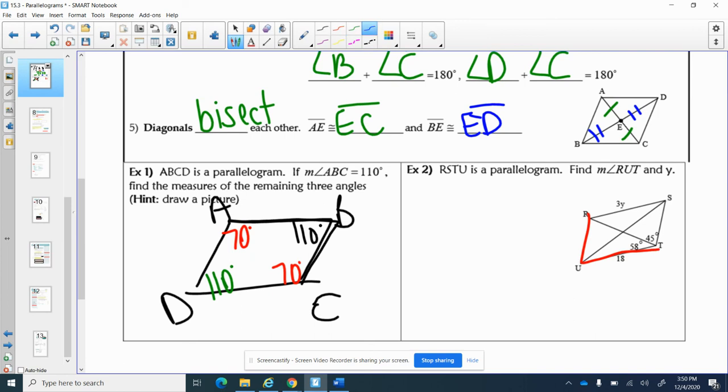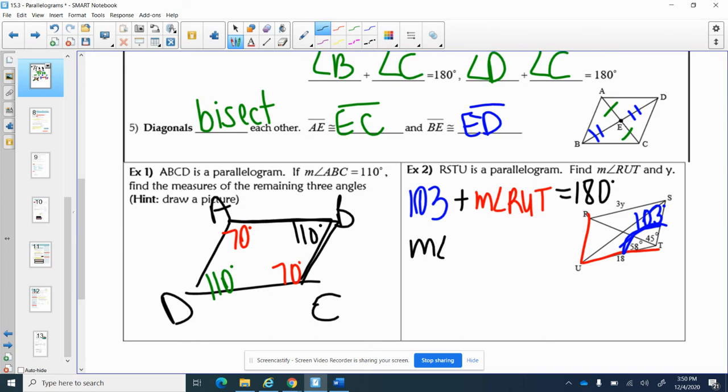Notice that RUT is consecutive with this given angle, because 58 plus 45 is 103. So we know that the 103-degree angle plus the angle we're looking for, RUT, have to equal 180 degrees because the consecutive angles are supplementary.